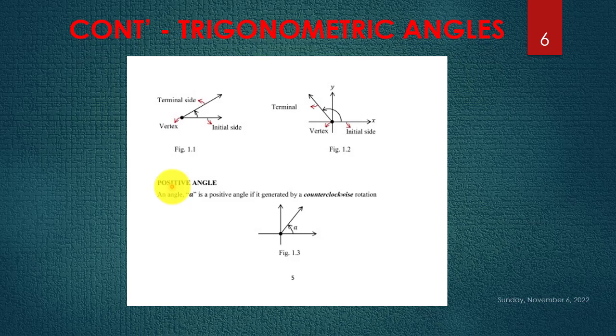The first one that we will talk about is the positive angle. When do we say an angle is positive? We say that an angle is positive if it is generated by a counterclockwise rotation. Another word for counterclockwise rotation is anticlockwise rotation.